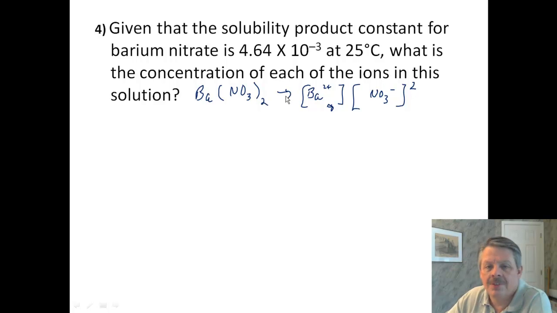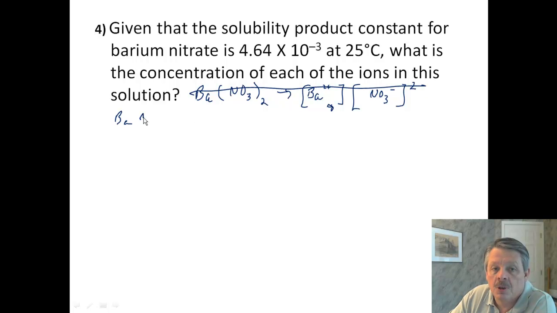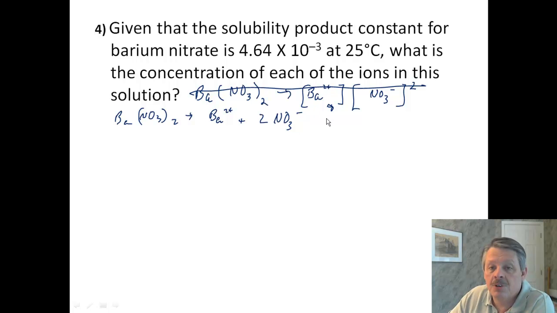Oh, sorry, I apologize. I should have written that as just an equation. Ba(NO3)2 becomes barium 2+ plus 2 nitrates 1-. So that means your solubility product constant is this stuff up here.